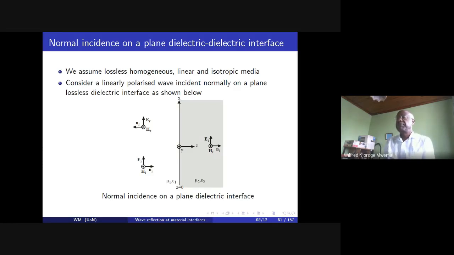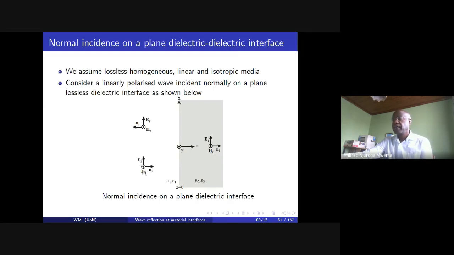The media are assumed to be lossless, and therefore there are no free charges in any of the media. And therefore we can see that the incident wave has been assumed to be polarized in the x direction. This is by assumption. You can polarize it in any direction for this normal incidence, and nothing will change.